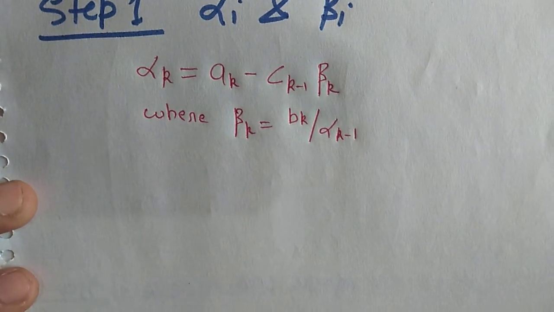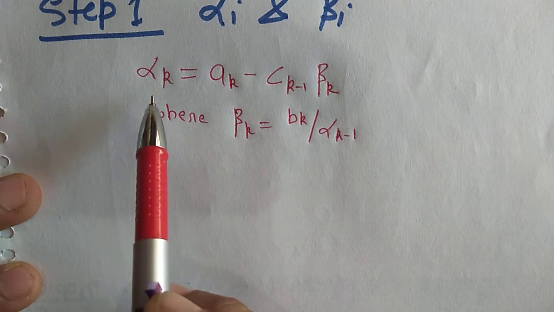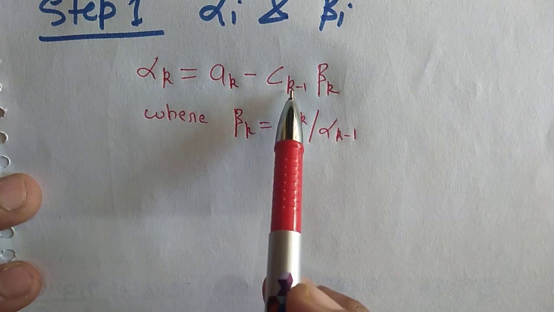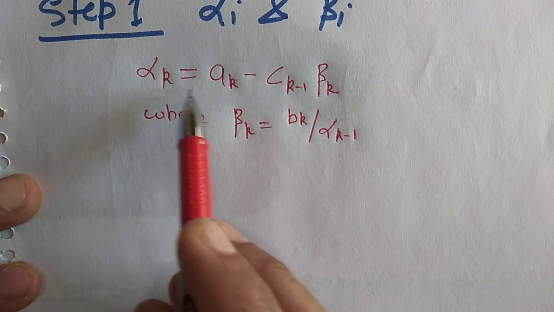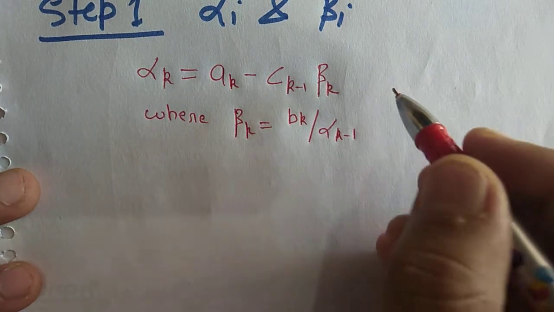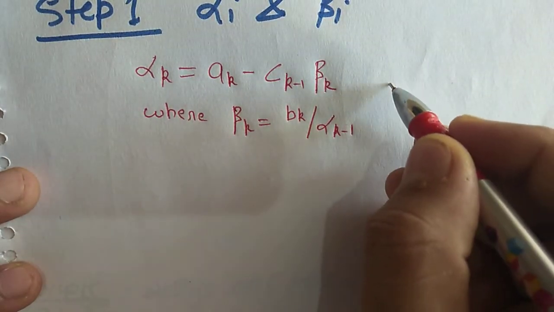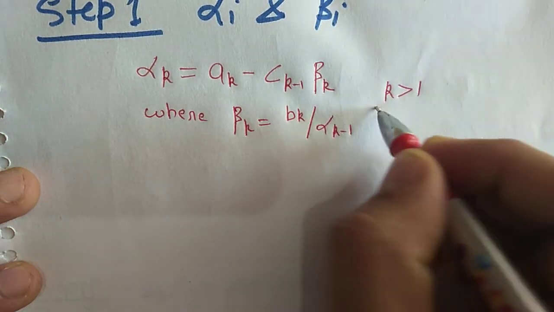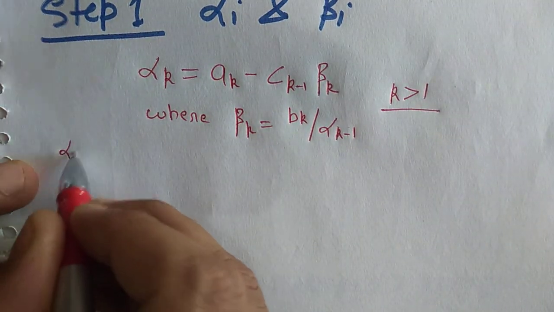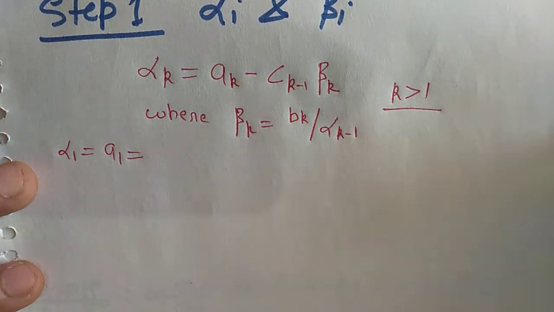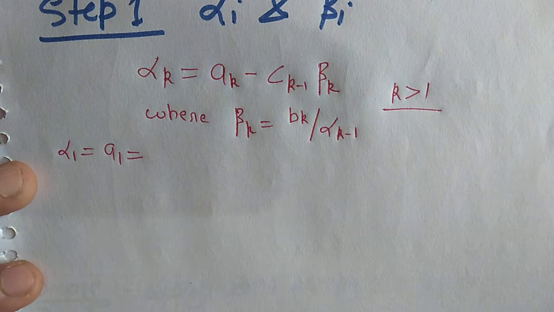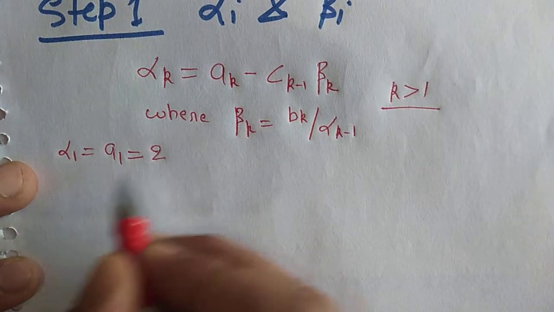If you want to find alpha 1, if k equal to 1, this is a1 minus c0. We don't have c0, right? C starts from c1. So this formula is valid for k greater than 1, but alpha 1 will simply be a1. Your a1 is 2, so alpha 1 equal to a1 equal to 2.